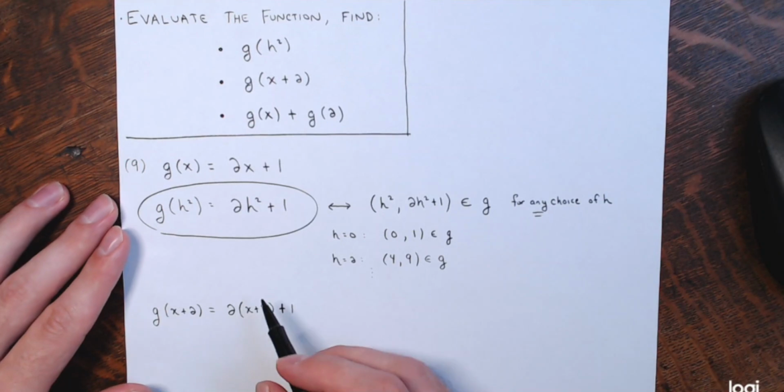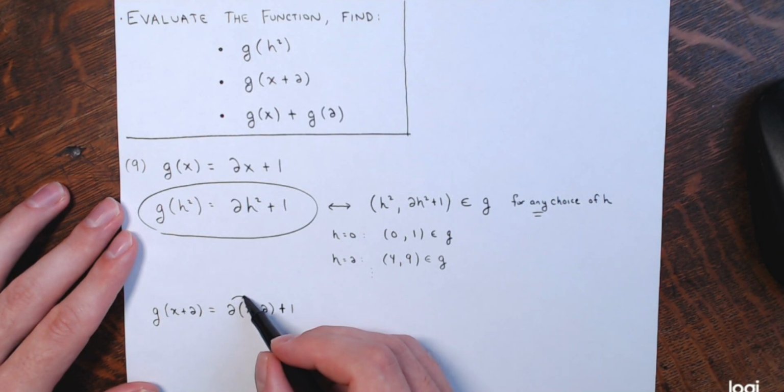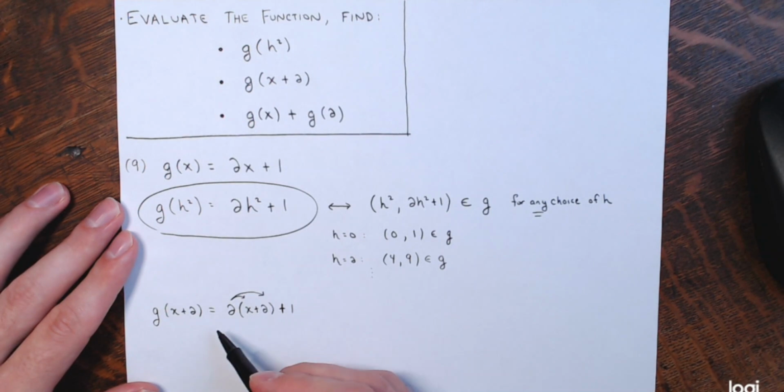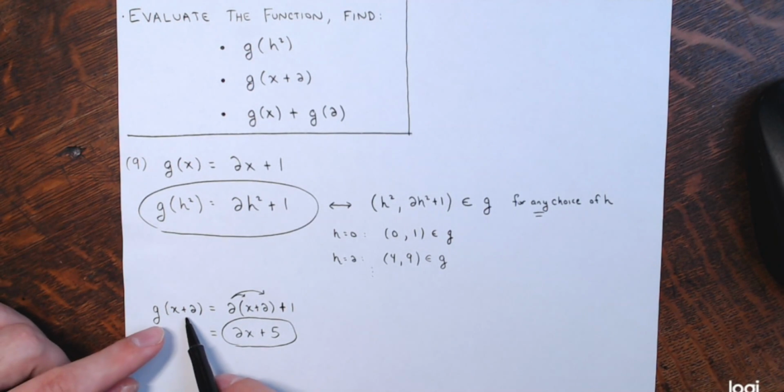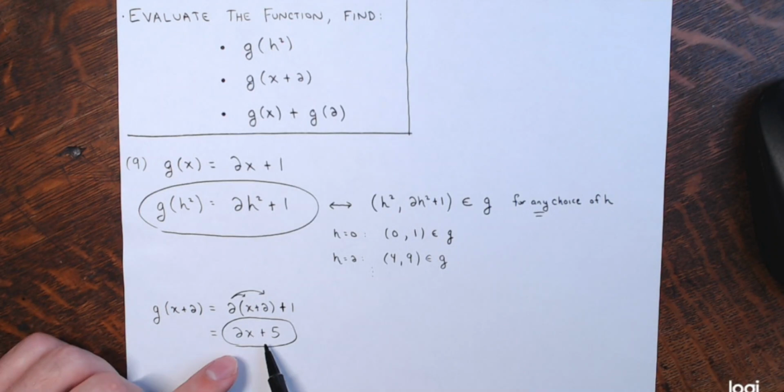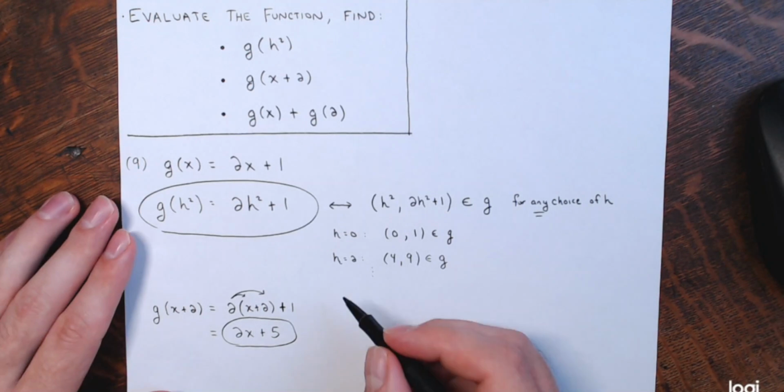And then we simplify this a tad. I can distribute the 2. And we're getting the following. 2x plus 4 plus 1, that's 2x plus 5, when you combine like terms and do all the simplifying. So g at x plus 2 is equal to 2x plus 5.